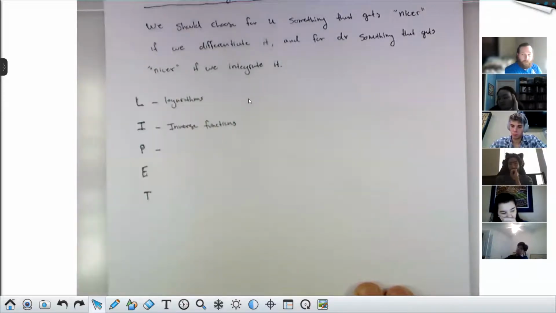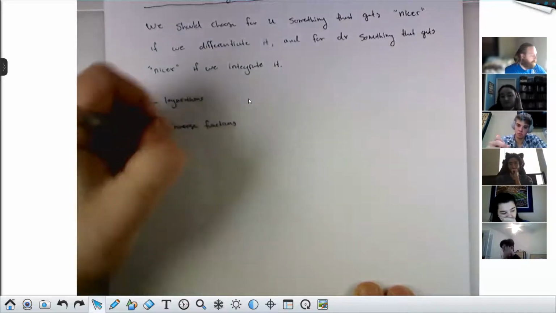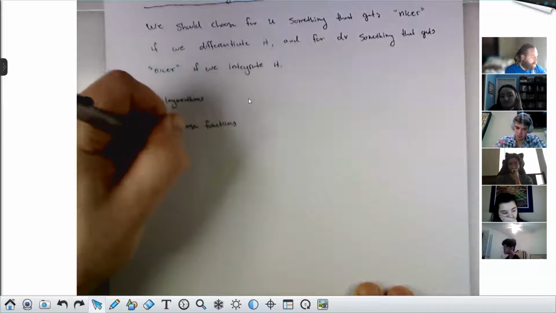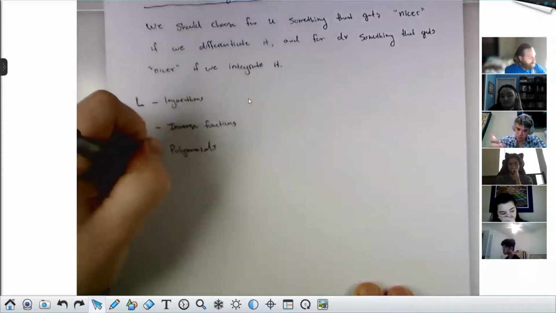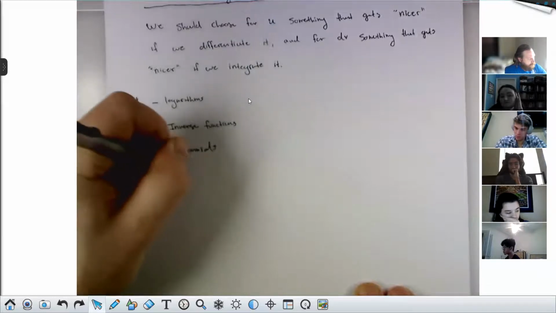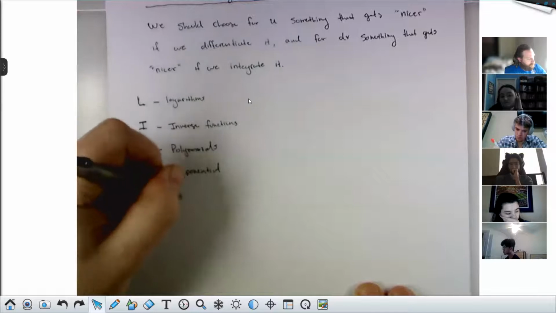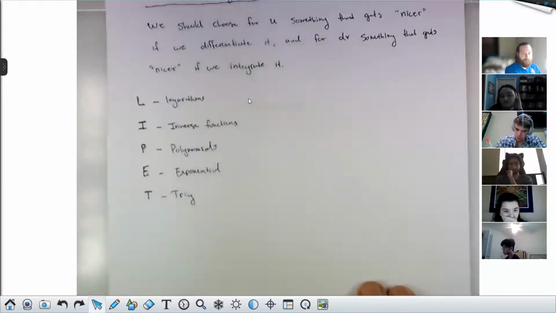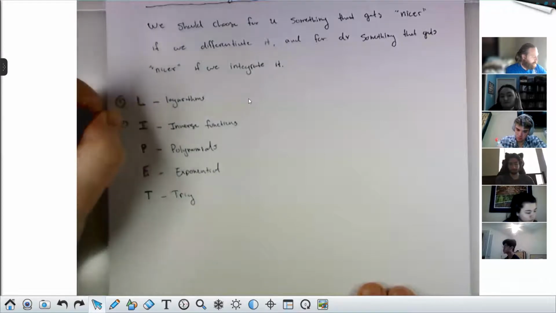P here stands for polynomial. If there are no logs and there are no inverse functions, but there is a polynomial, then that's what you should choose for u. E stands for exponential. T stands for trig. So again, it's a hierarchy. You start at the top.